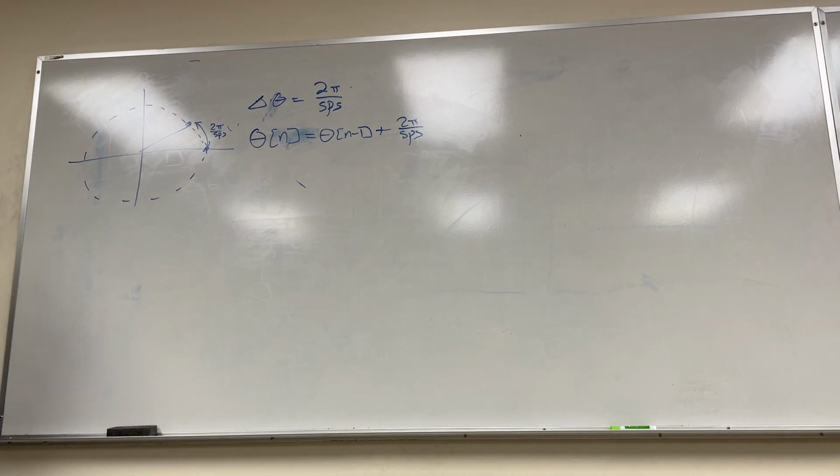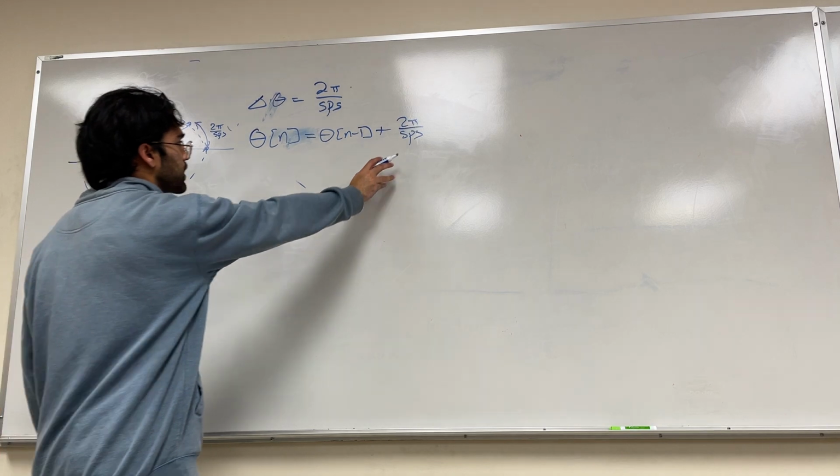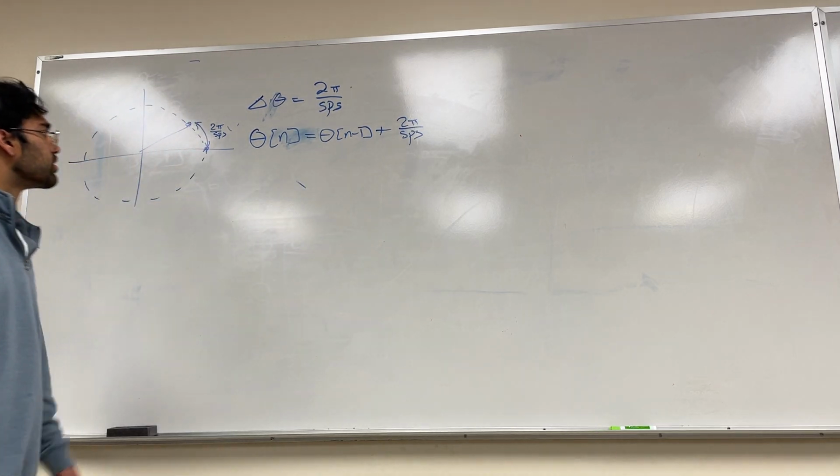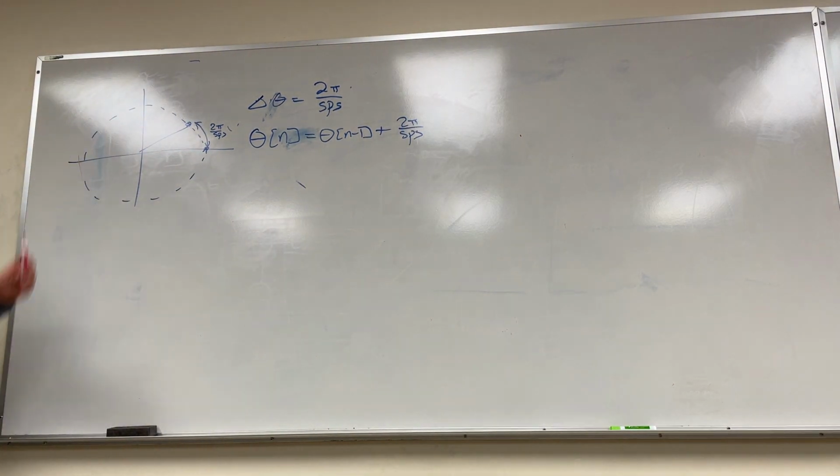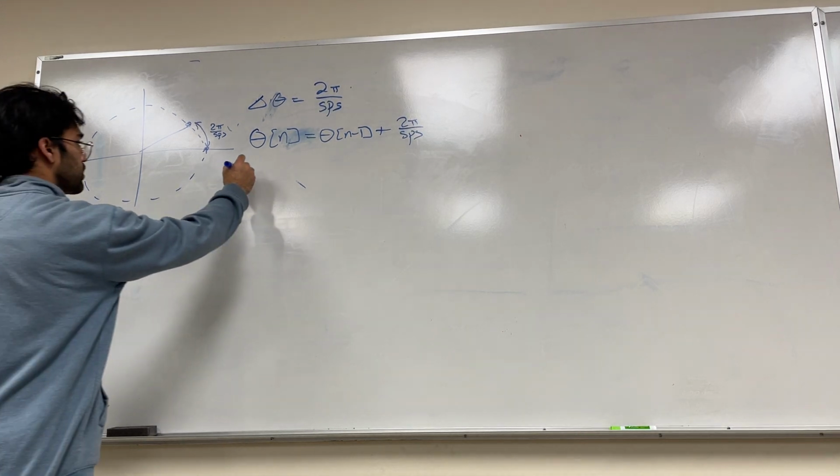Right, and this makes sense, right? Because after SPS steps, we've gone a total distance of 2 pi. And also a good motivation for this kind of framework over the modulus one is that we have nice functions in MATLAB to wrap it to the range negative pi to pi.